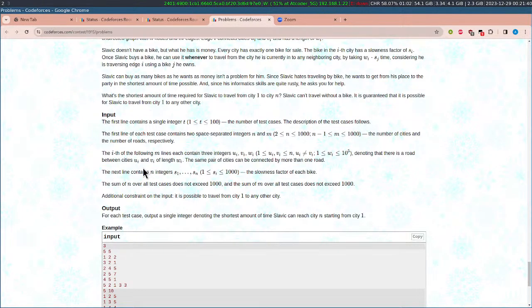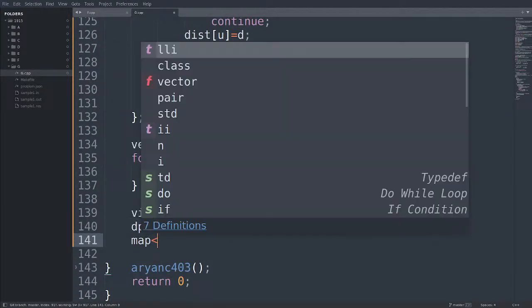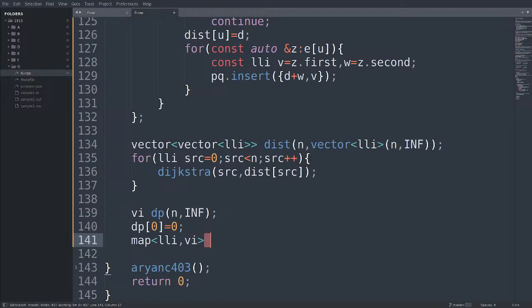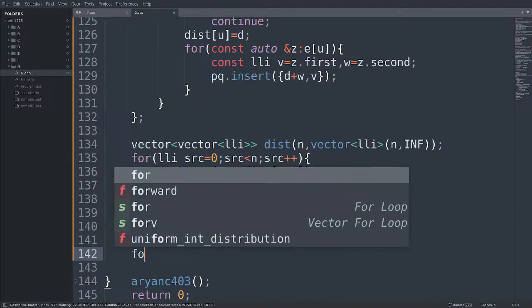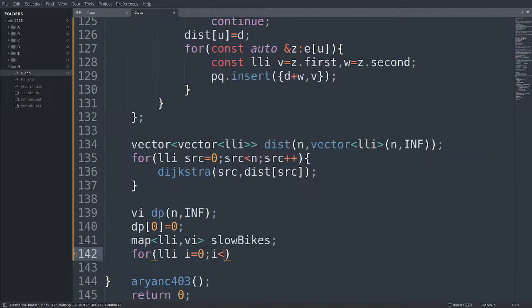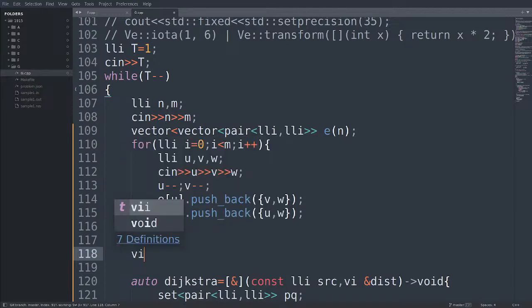So we will have to combine the slowness factors with equal values over here. Oh, this made me realize that I forgot to take input of bike slowness.